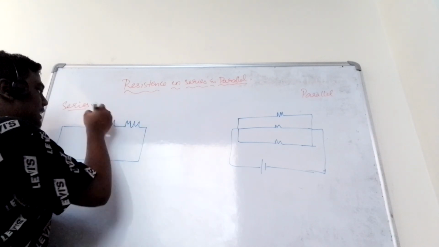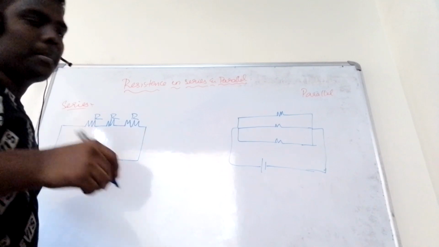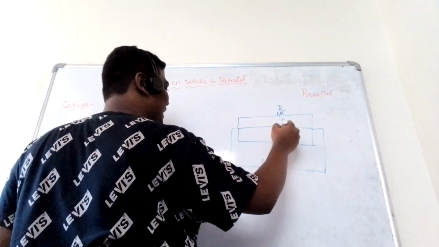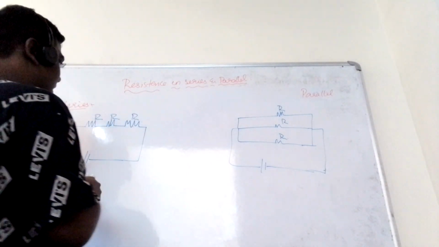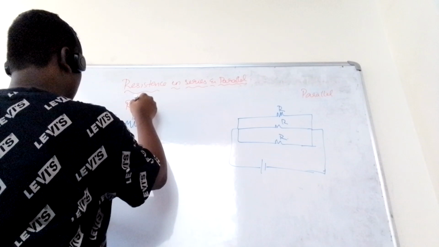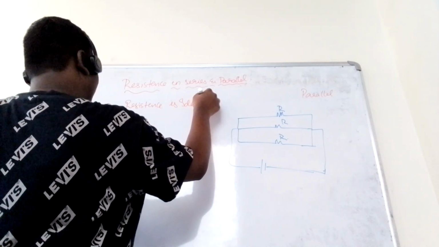What do you mean by identical? It means all the resistances are the same, R. And here also let all the resistances be identical.